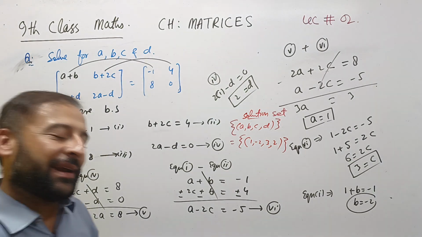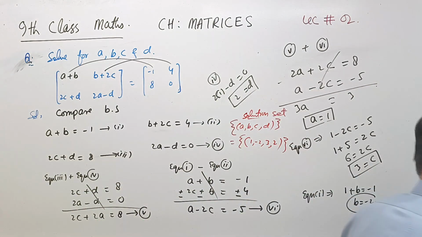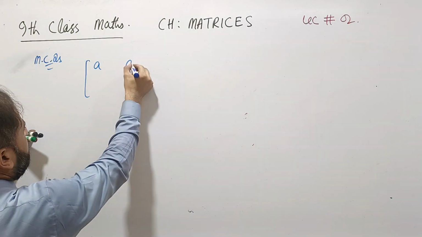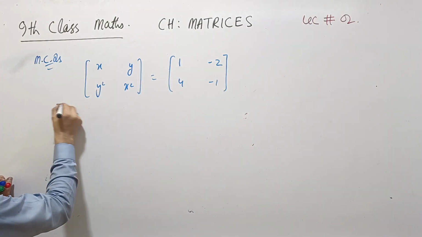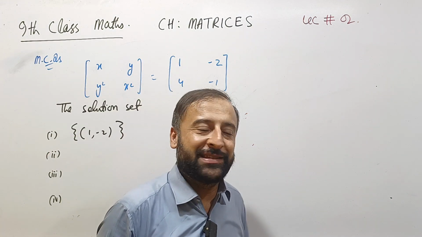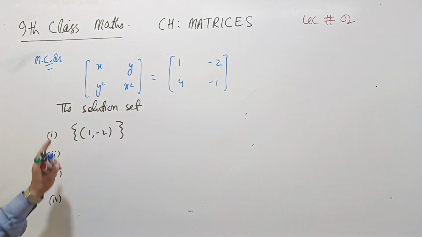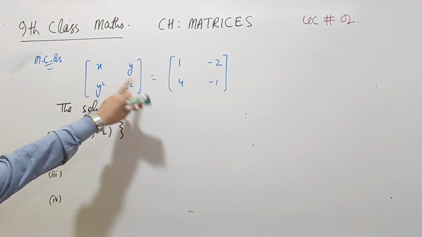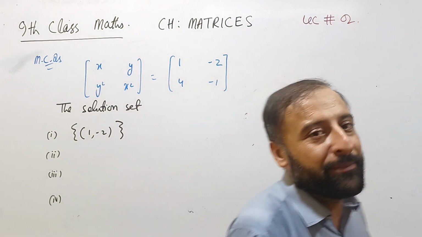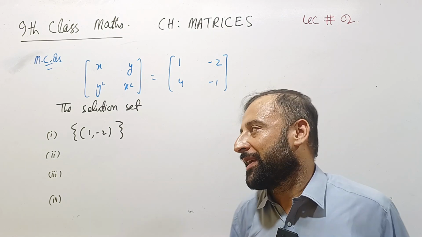Now let's have a look at the MCQ, a bit conceptual MCQ. All right, students, this is a simple MCQ. It asks for the solution set of this. It seems a very simple MCQ, and it is, but it is a little bit tricky.